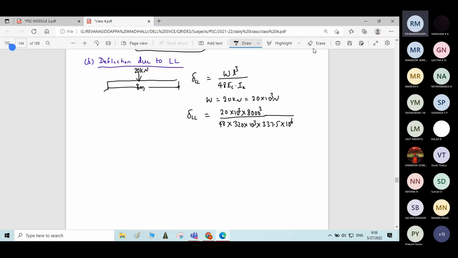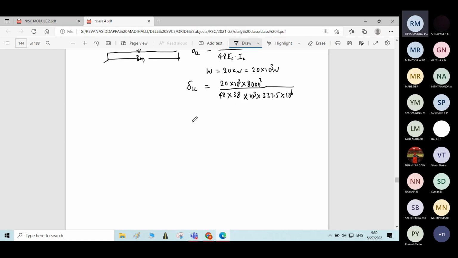Sorry, this EC is 38, correct? 320. By this, we'll get deflection due to live load.